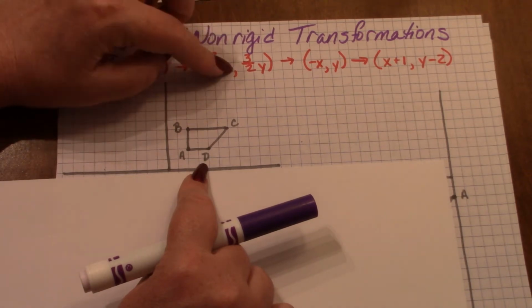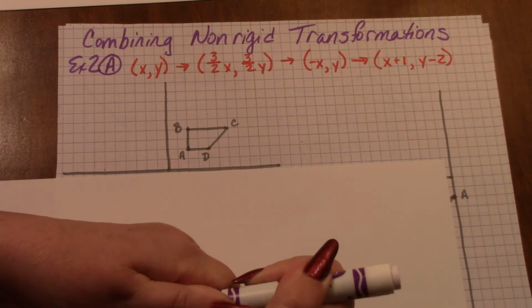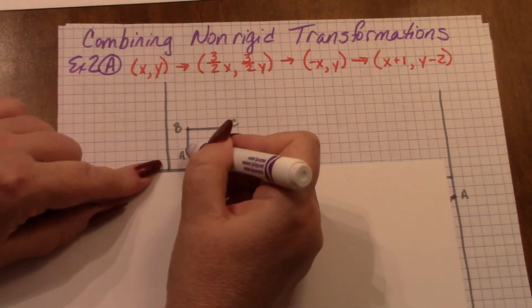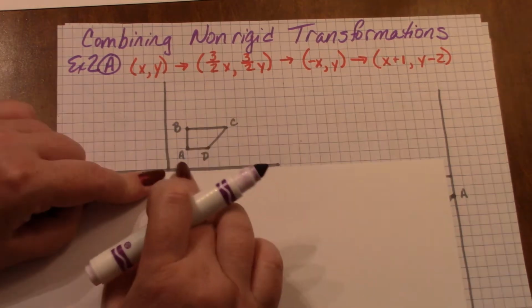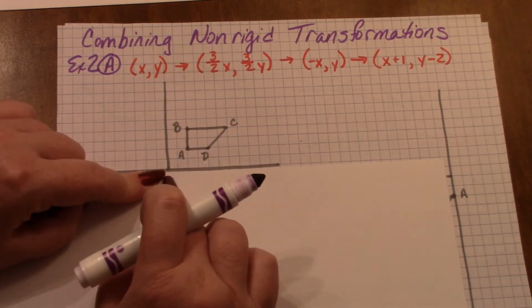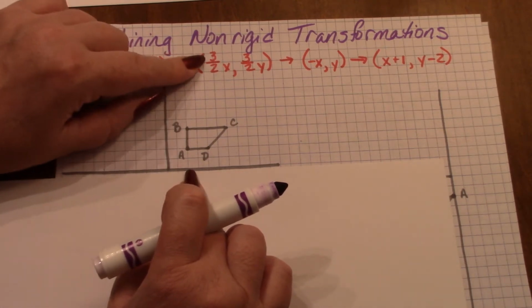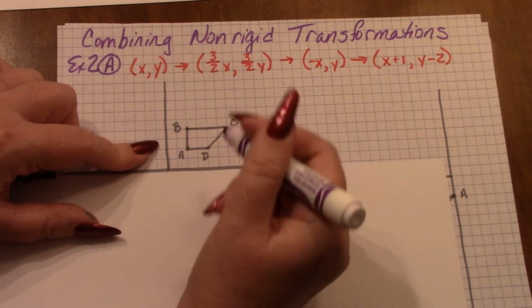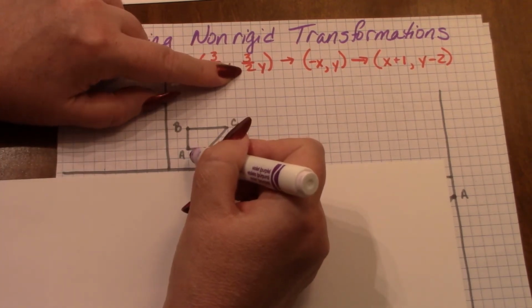We're going to do 3 halves x and 3 halves y. So everything we have here, we're going to multiply by 3 and divide by 2. A is here at 2, 2, and x is 2. Now it's going to be 2 times 3, which is 6 over 2, so it's 3. And 2 times 3 is 6 over 2, which is 3.